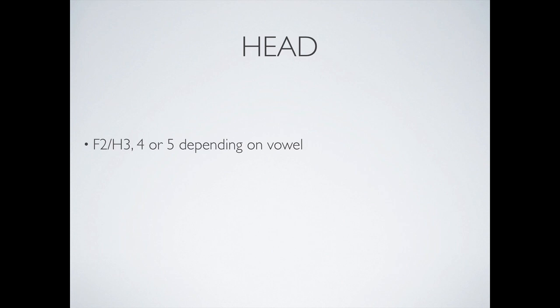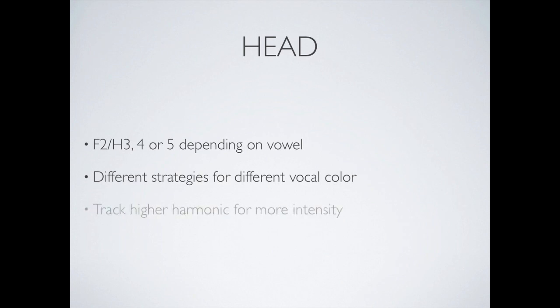So much trouble comes from trying to stay in the throat as the dominant resonator beyond a certain point, or that pulled chest condition. Head voice gives us some different strategies for different vocal colors. You can tune this second formant to a higher harmonic as you ascend.